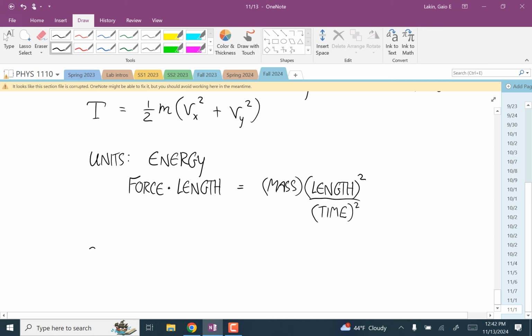The SI units for energy, force times length, would be newtons times meters. And equivalent to that is this other one, kilograms meters squared per second squared. And since energy is something that's used a lot in physics and other sciences, we give it its own name, the joule. And it's abbreviated with a capital J.